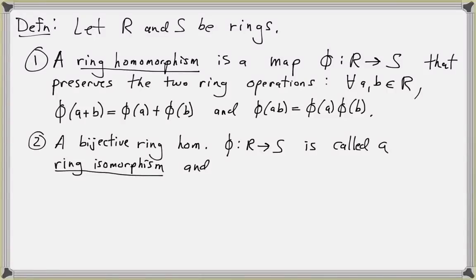And we write R is isomorphic to S. So from the context, if we're dealing with rings R and S, then R being isomorphic to S means they're isomorphic as rings.